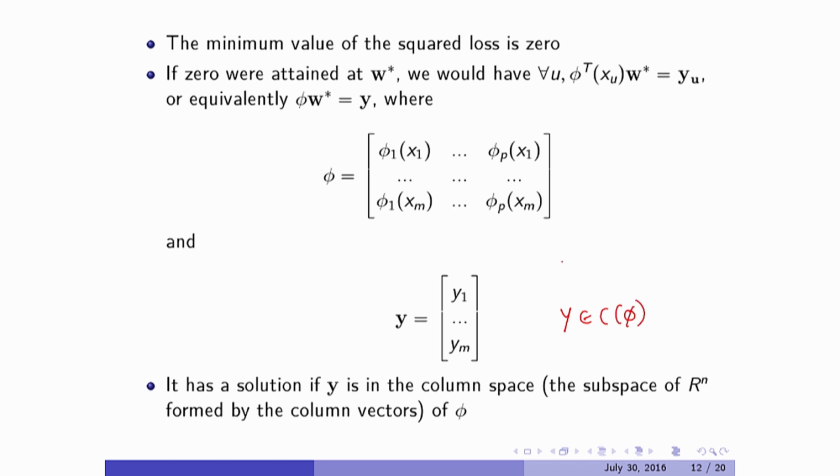Obviously, phi need not be a square matrix, n need not equal m, and hence we might not be concerned with the inverse of phi. Phi inverse may not exist. So a more mature answer would be that I would solve the linear equation.